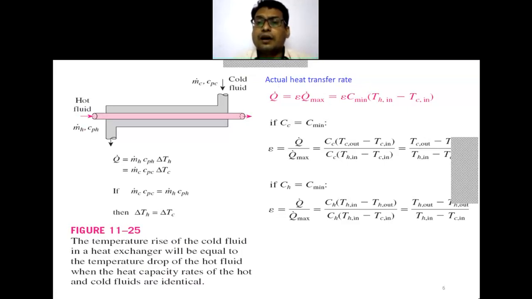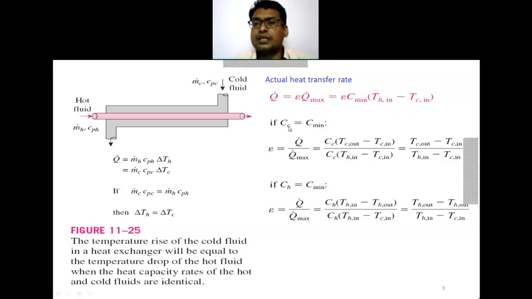Then there are two conditions: if Cc is minimum, and the second, if Ch is minimum. I can substitute both and write the equation epsilon equal to Q upon Q maximum, which is equal to Cc.